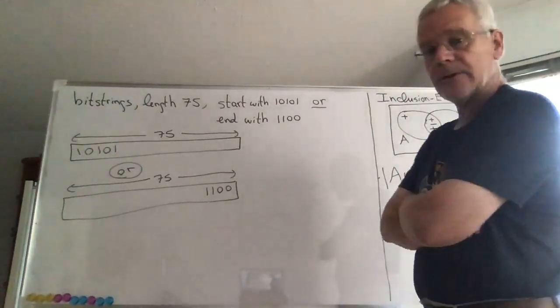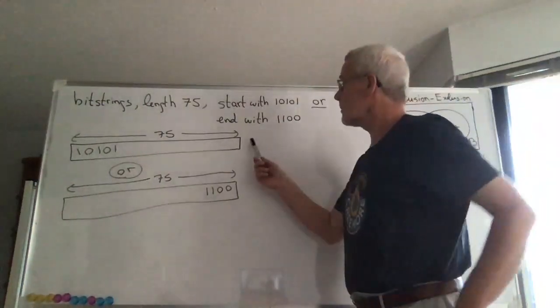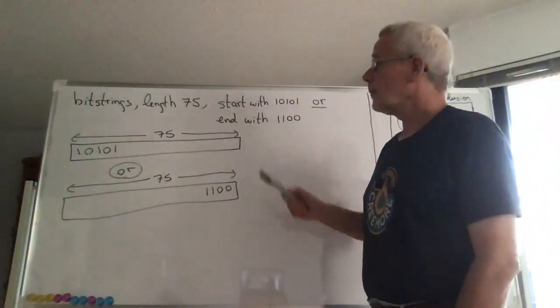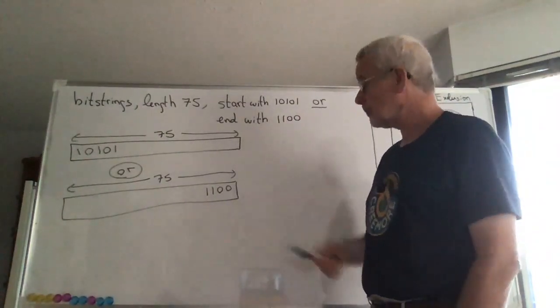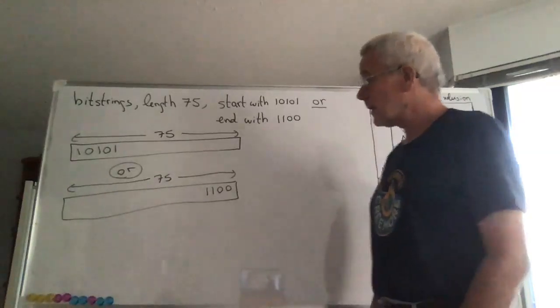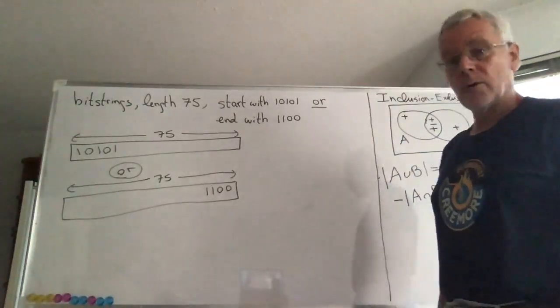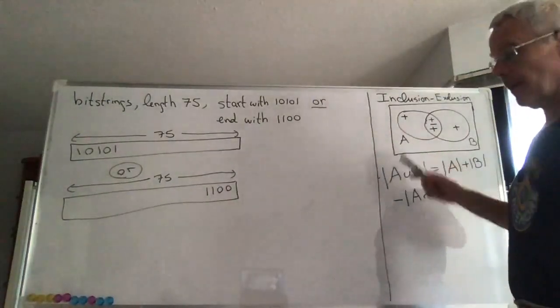Okay, so the first idea is, well, we want to count strings of this type, where now we want to count strings, everything being of this type or of this type. So this is naturally divided into two groups. So this is the first group.